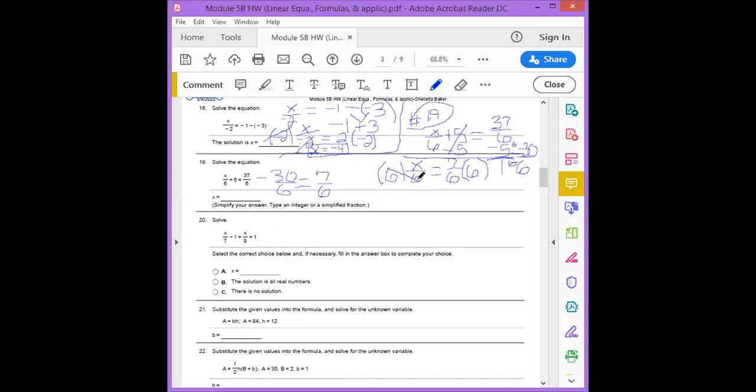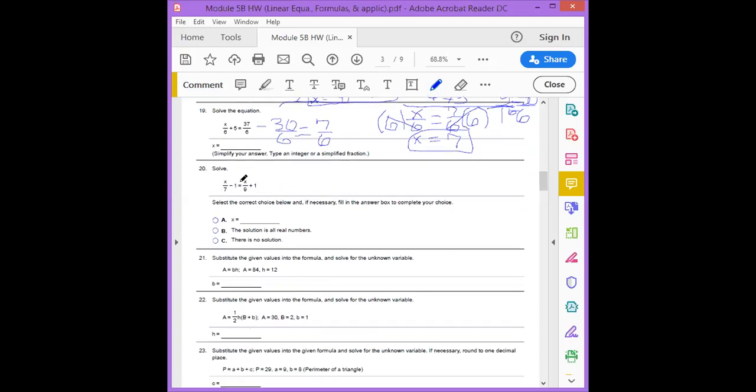Now the 6s will cancel here. That's 6 over 6. And we're left with just x on the left side. Bring down our x term and the equal sign. Now on the right, the 6s will cancel also. When I say cancel, 6 over 6 is just 1. And 1 times anything is just going to be itself. So 1 times 7 will leave us with 7. That's our solution.